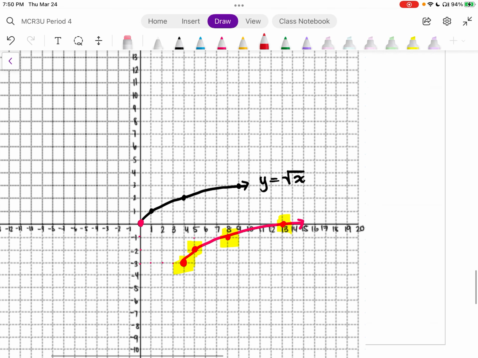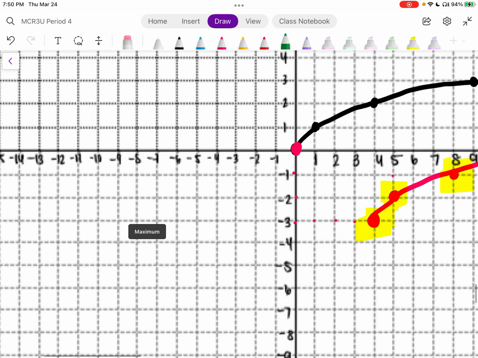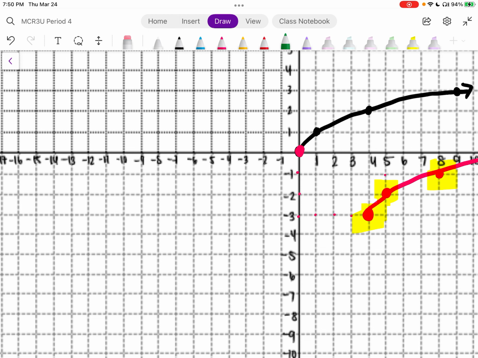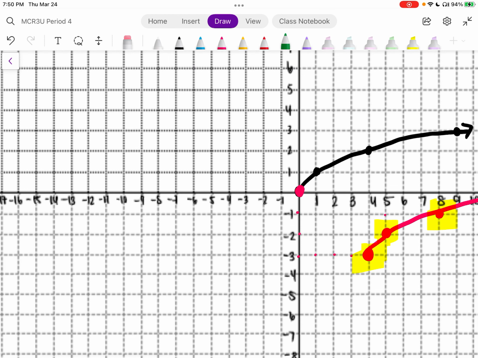I won't graph the original, I'm just going to graph the final function. So I'm going to start off at negative 5. I know I'm going to go to 2.67, so it'll be somewhere here, right? Sorry, that's negative 5, 2.67, so it's like here.